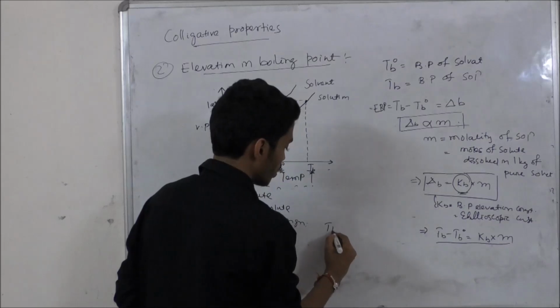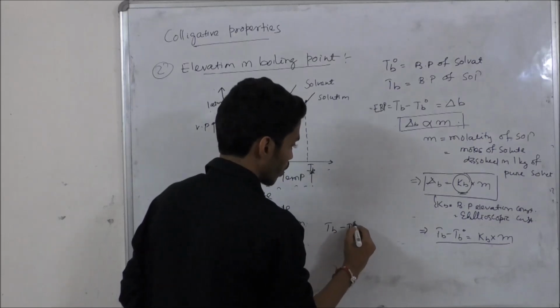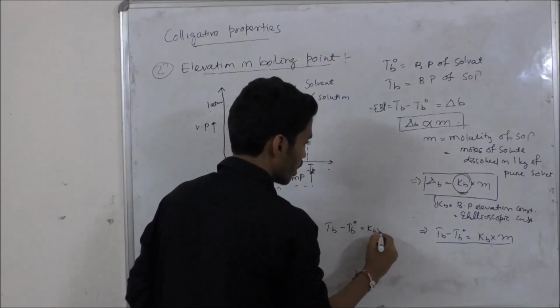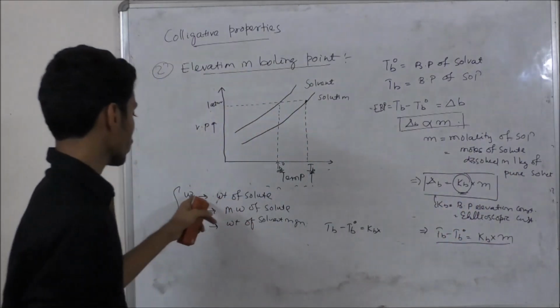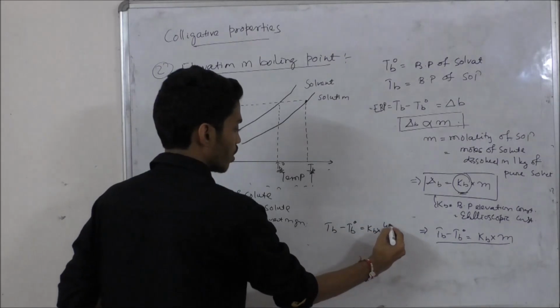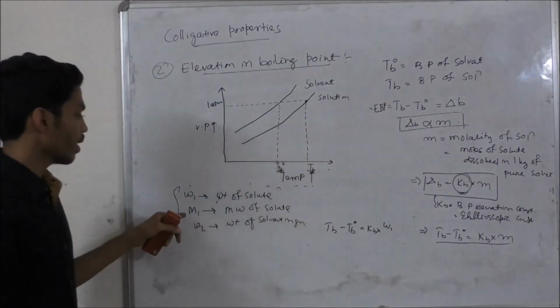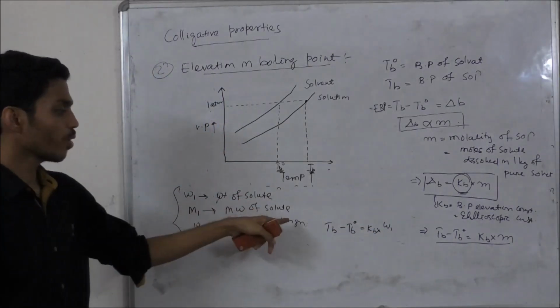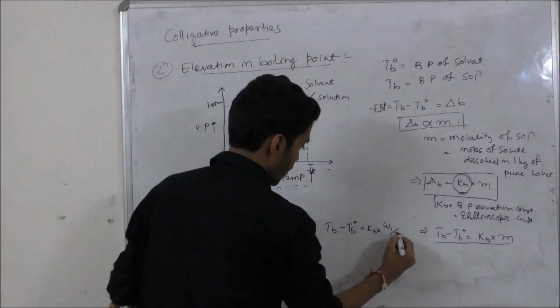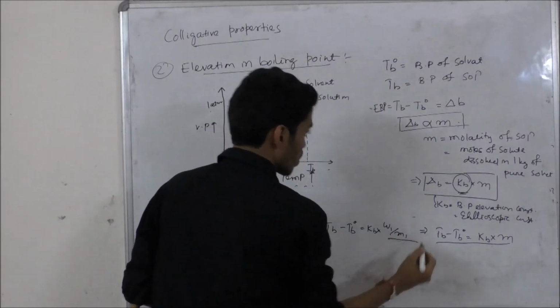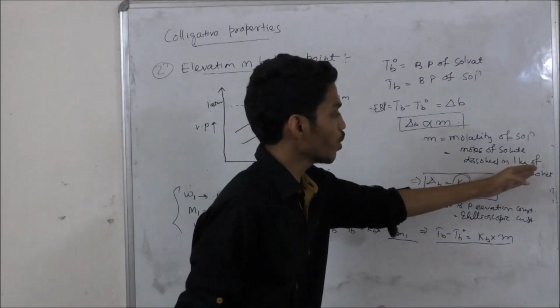So what will be the equation? Tb minus Tb naught equals Kb into molality, which is moles of solute. What is the moles of solute? W1 divided by M1, the weight of solute divided by the molecular weight of solute, whole divided by the weight of solvent in 1 kg.